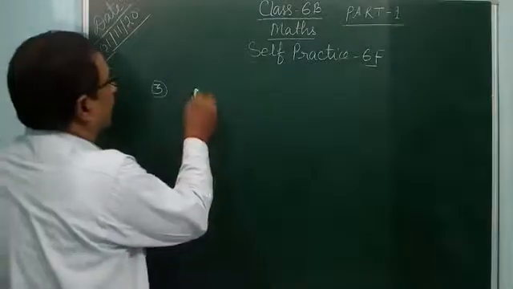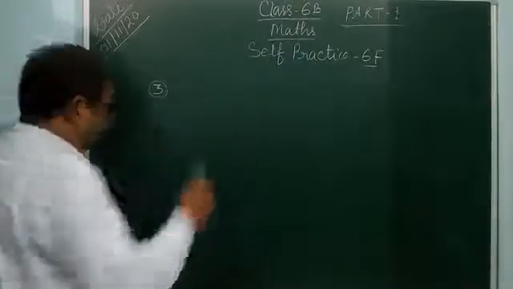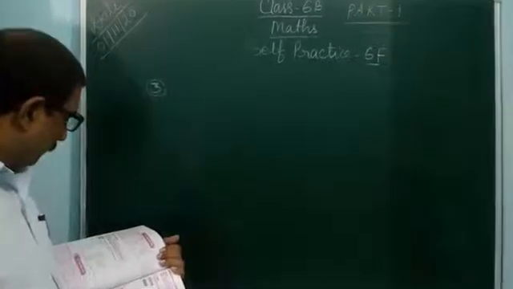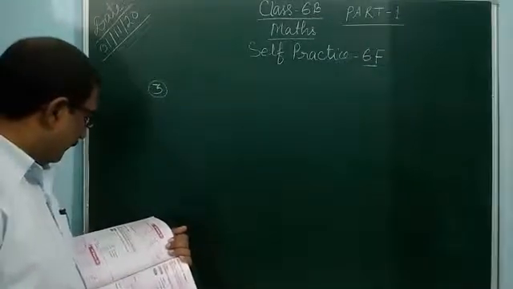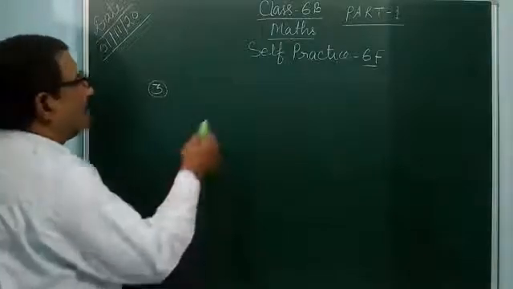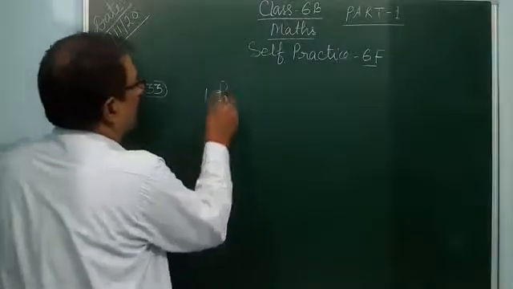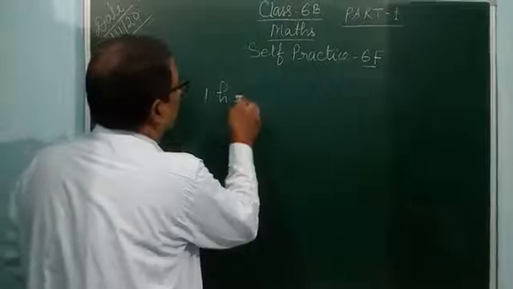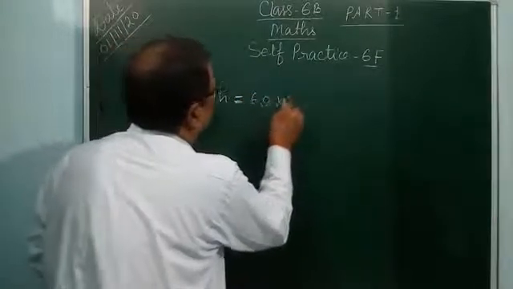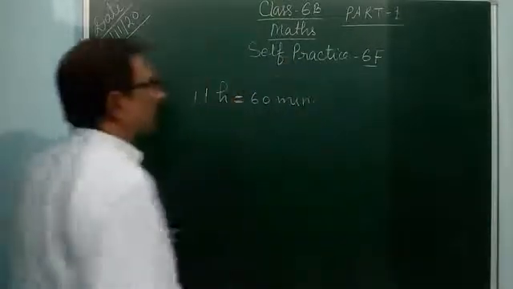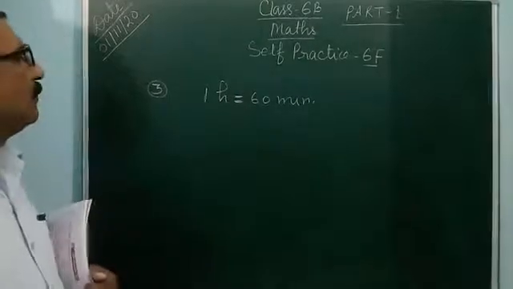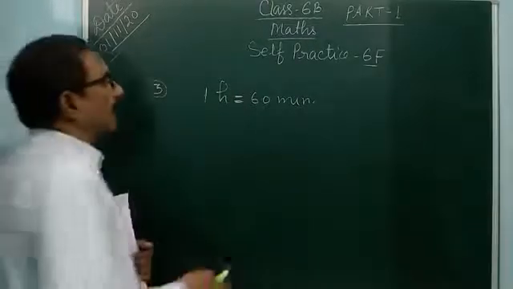So 18 seconds of an hour. You see, 1 hour is equal to 60 minutes. Again you change minutes into seconds.